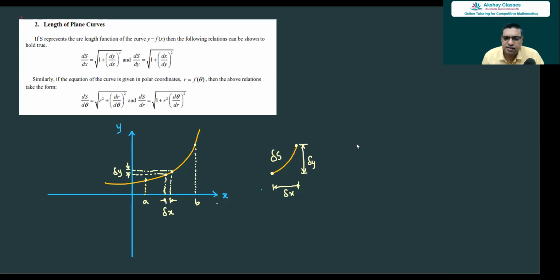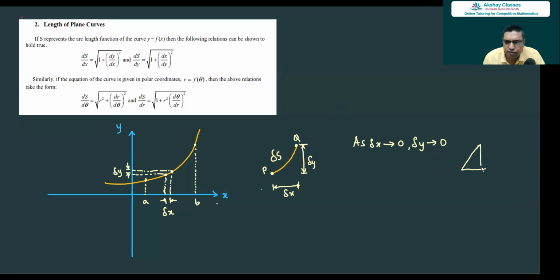Now as delta x tends to 0, delta y will also tend to 0. Let's say this is point P, this point Q. The points P and Q come closer and closer. Then what happens? It is more or less like a straight line.